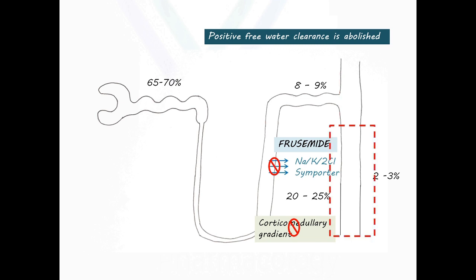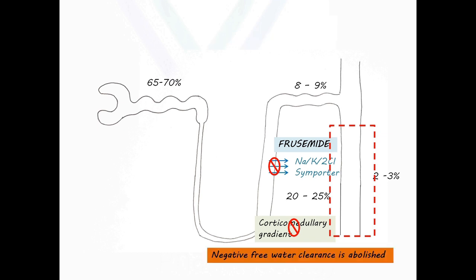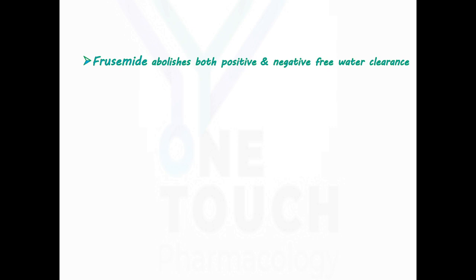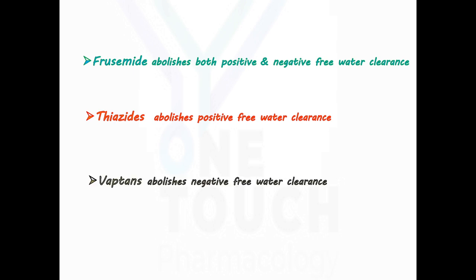And drugs like vaptans, which act by inhibiting the antidiuretic hormone, would interfere with the concentrating ability of the collecting duct and thus abolish the negative free water clearance. To summarize, Frusemide abolishes both positive and negative free water clearance, thiazides abolish positive free water clearance, and vaptans abolish negative free water clearance.